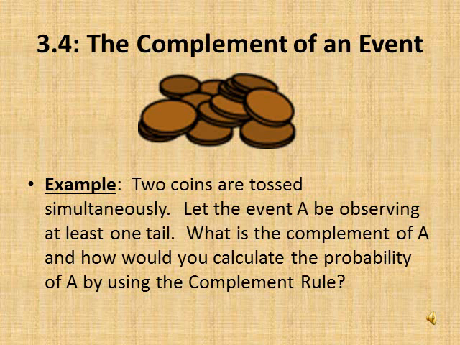In our next example, two coins are tossed simultaneously. Let the event A be observing at least one tail. What is the complement of A, and how would you calculate the probability of A by using the complement rule?